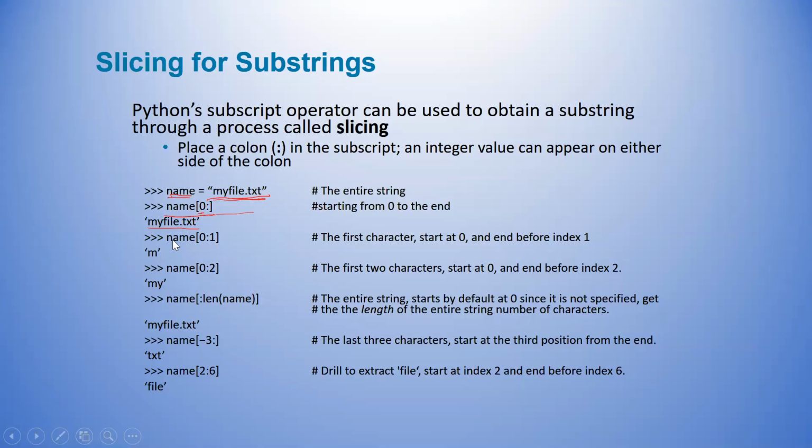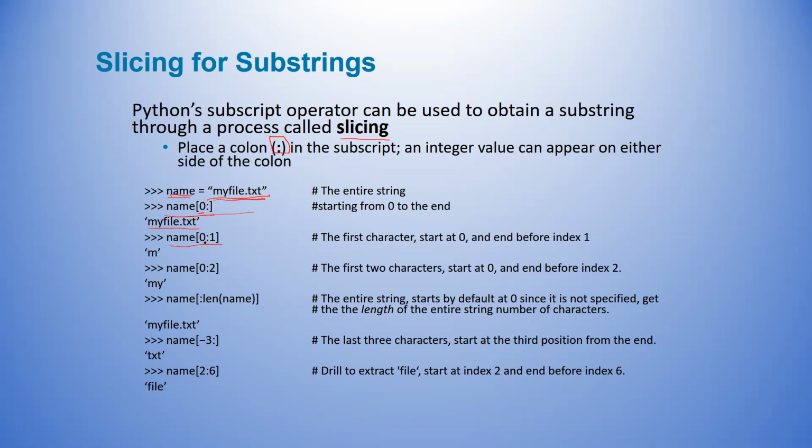This is called string slicing, everybody. That means you're getting a substring of the whole string. You use the colon in the subscript. Another way to do this is to take a substring without going all the way to the end.